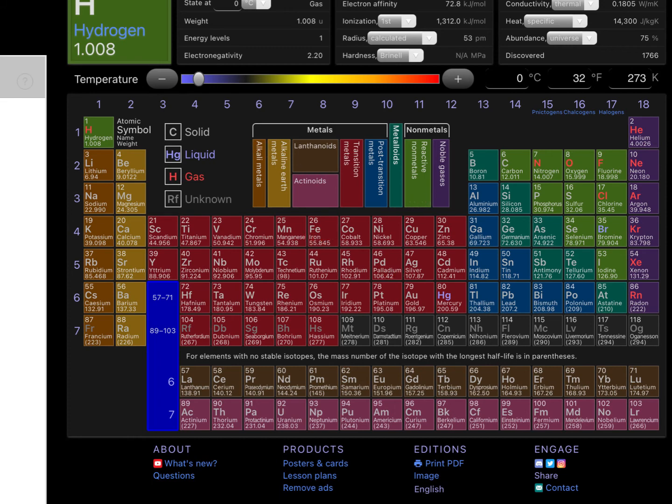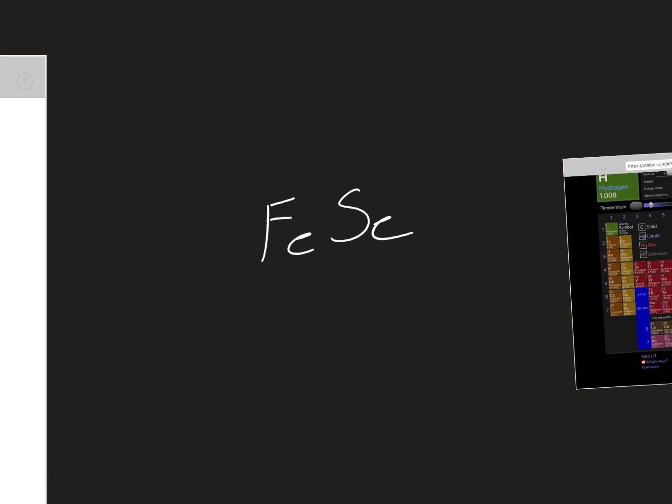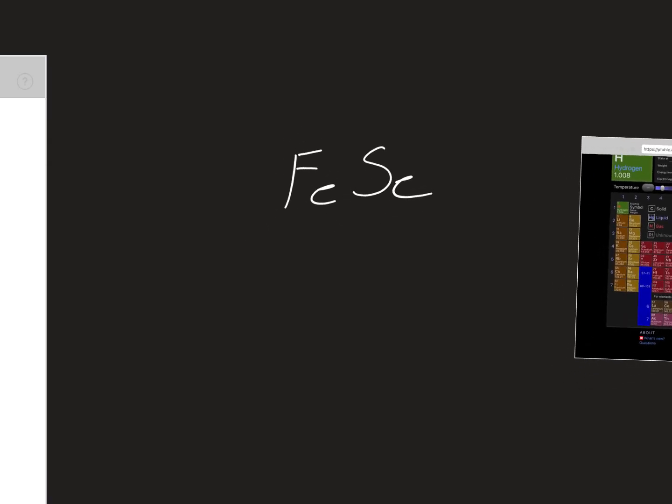So let's go ahead and do that real quick. Linking these together, that's fun. All right. So, messed up. We don't capitalize it. So it's iron. And then we need to know it's going to have some sort of charge in the middle. And so we're going to write that in Roman numerals.